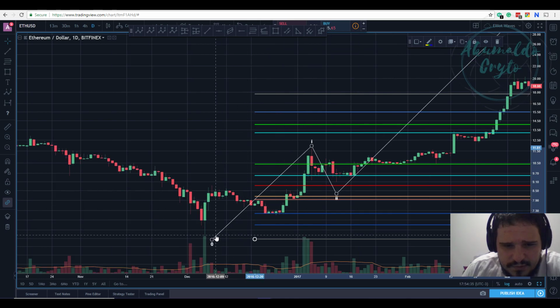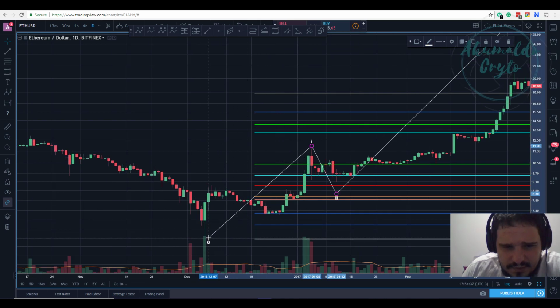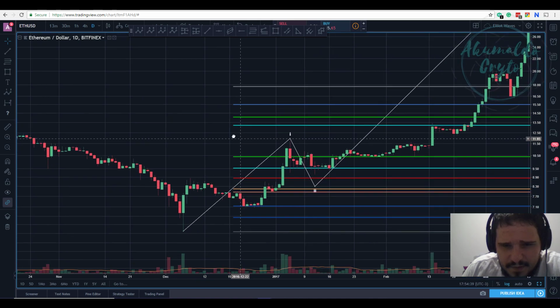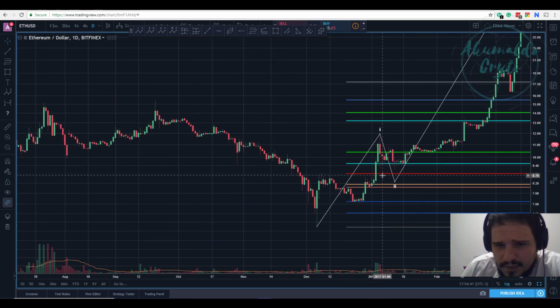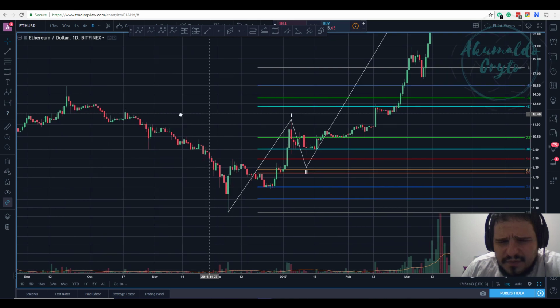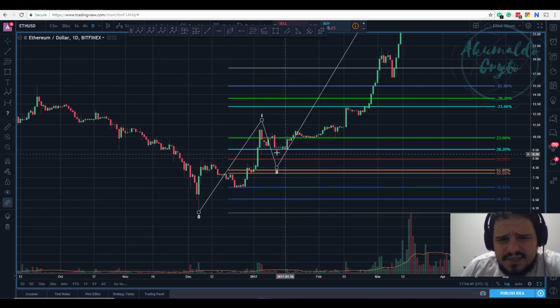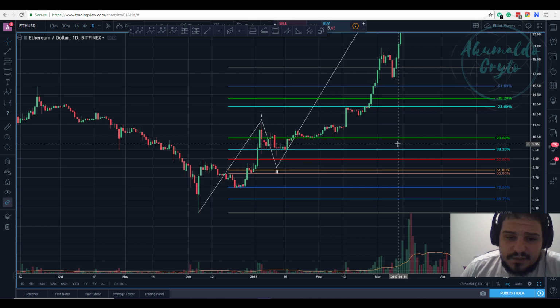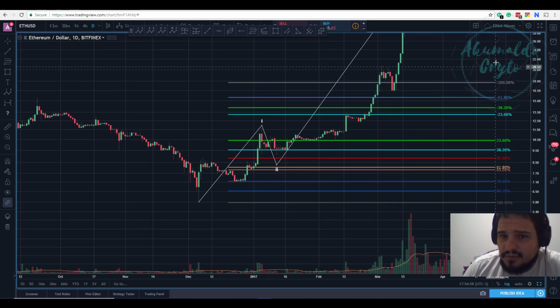Okay, I zoom in. This is our wave 1. In our wave 2, oh Bruno, this has retraced like nothing, 20%. Yes, it's not impossible, okay guys, especially in crypto.